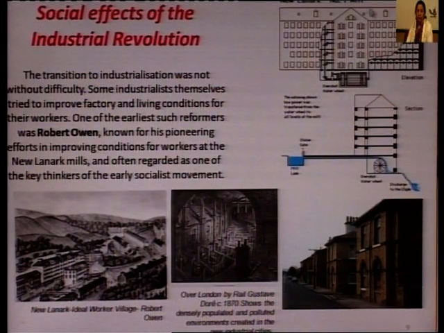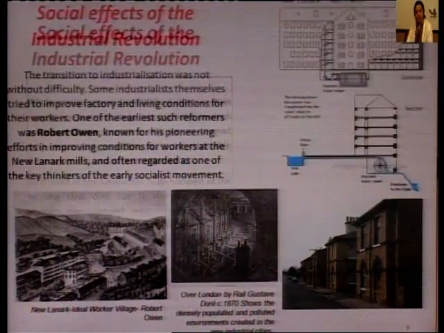And on the top you also have a section of the Lanark mill, where we are trying to see how the water mill was functioning and supplying water to all parts of the factory, and then ultimately the used water, the sullage, was being discharged. So it's basically a concept of the water mill. Okay? So people like Robert Owen became the key thinkers of an early socialist movement, or the rise of the middle class.